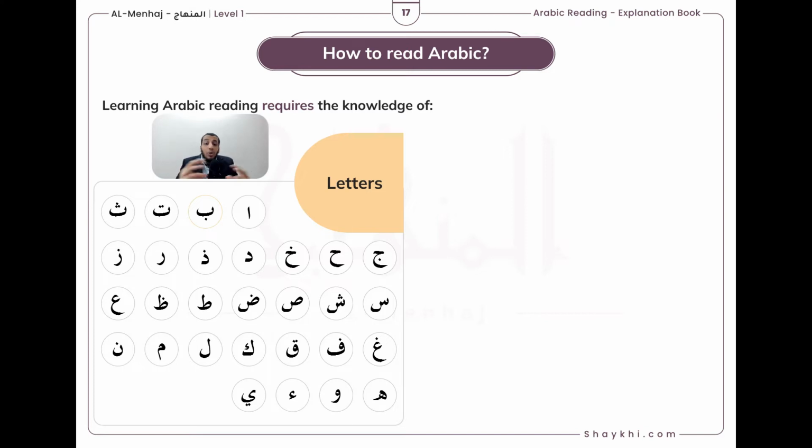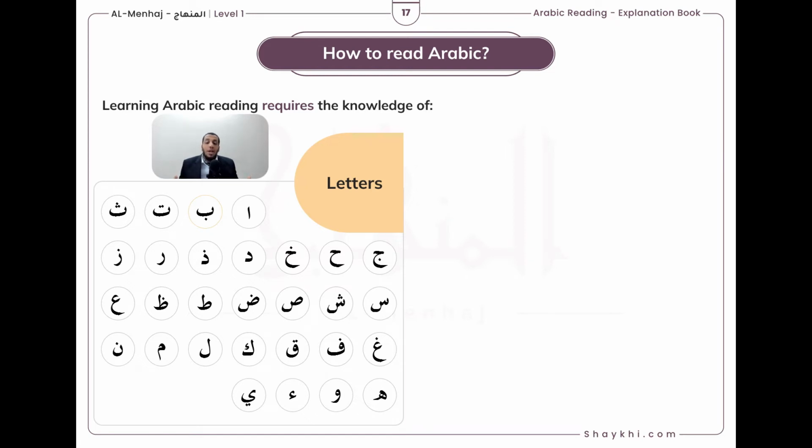So how do we know the way of pronunciation of this letter? For this reason, learning the Arabic alphabet letters is not sufficient to read Arabic. Why? Because these letters have different ways of pronunciation.